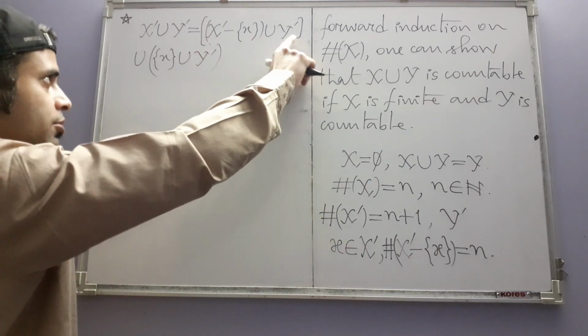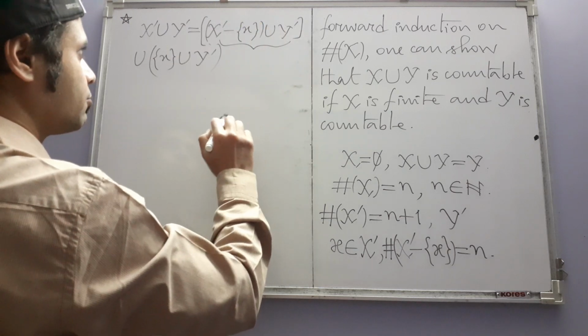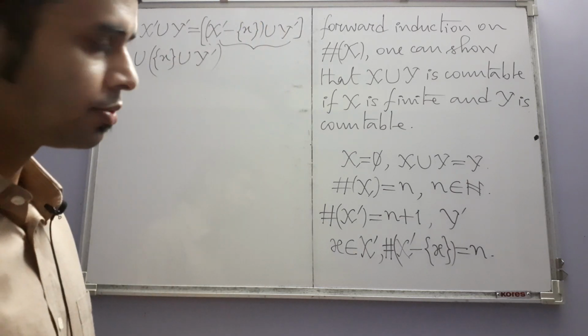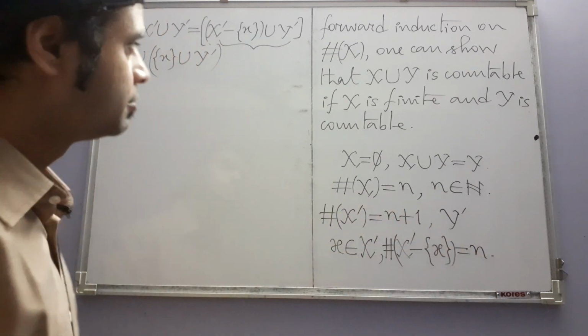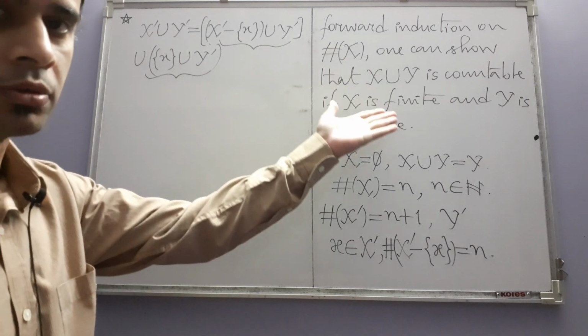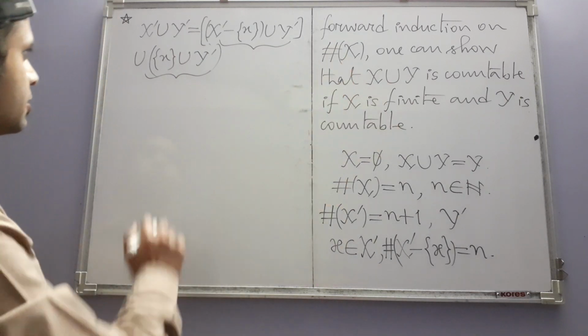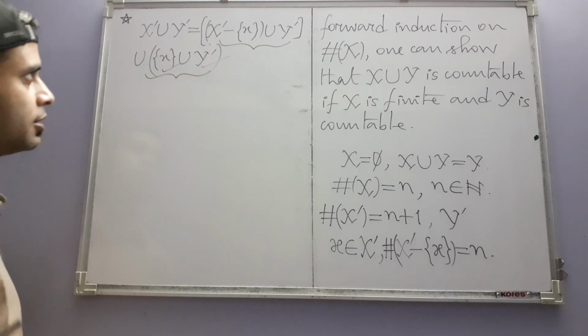Now this union is countable. This is countable by induction hypothesis because this cardinality is N. And this is countable by what we have proved just now, because here we are taking the union of a countable set and a singleton set.